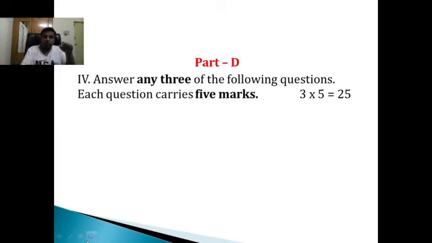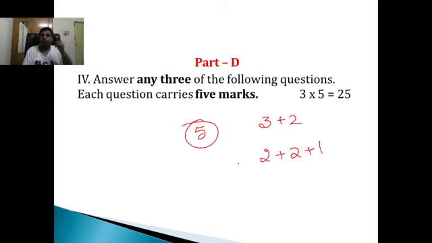Each question carries 5 marks. Basically, we don't have one full 5 mark question in our chemistry. You'll always have subdivisions in each question. Either it will be divided as 3 plus 2 or 2 plus 2 plus 1. It's one of the easiest parts to answer.